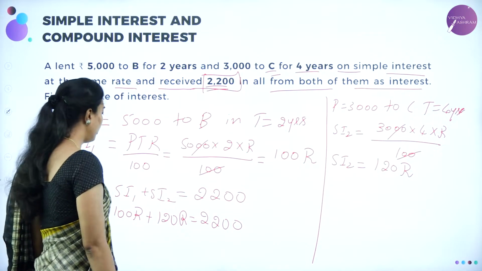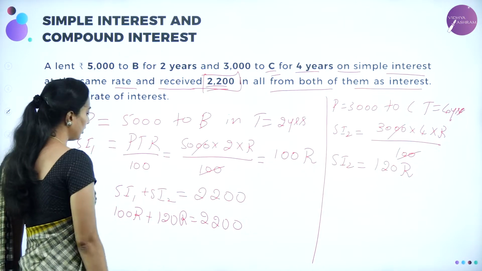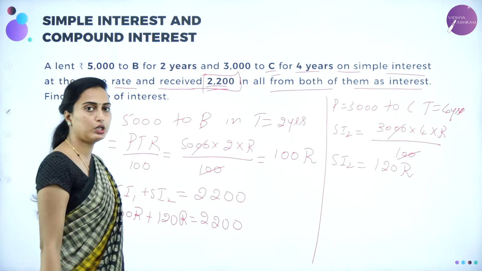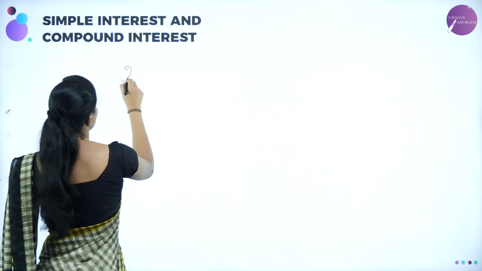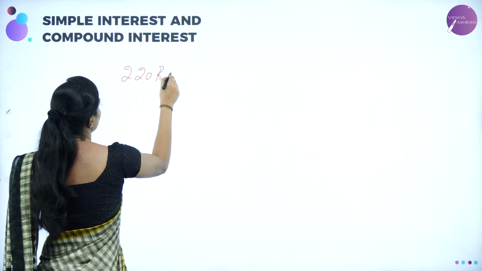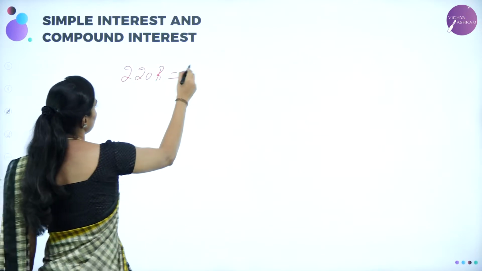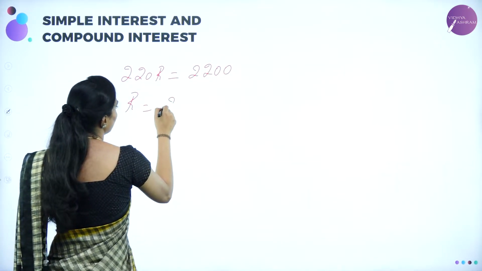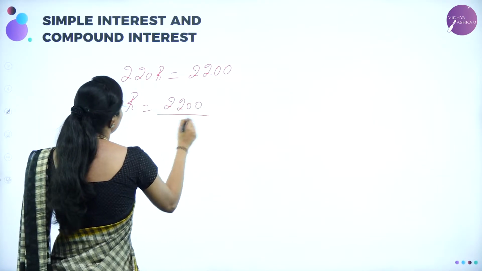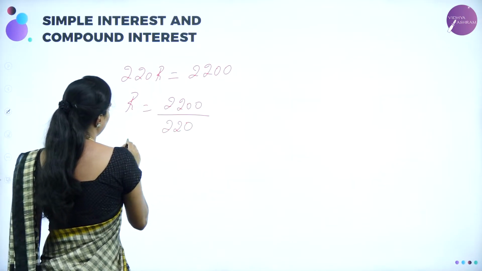So therefore, you can calculate by taking R common. 100 R plus 120 R is nothing but 220 R. So 220 R is equal to 2,200. So R will be equal to 2,200 divided by 220. Let me calculate this.